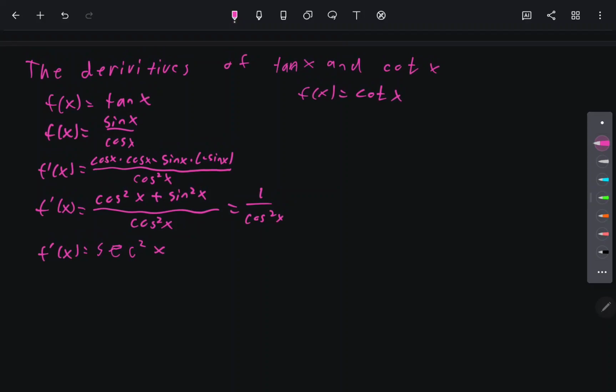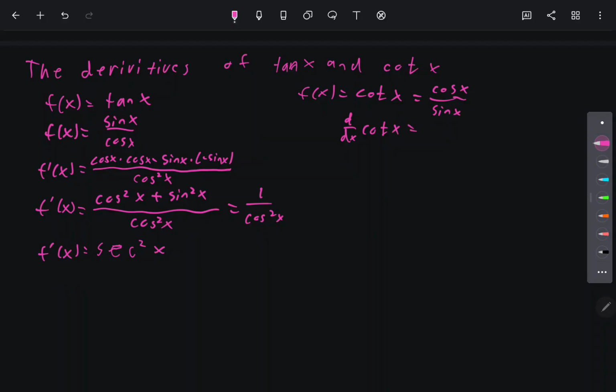Now time to do cotangent. Cotangent is the same thing as cosine of x over sine of x. So as we take the derivative of this, let's say that we have d over dx of cotangent x, we get the derivative of the top.